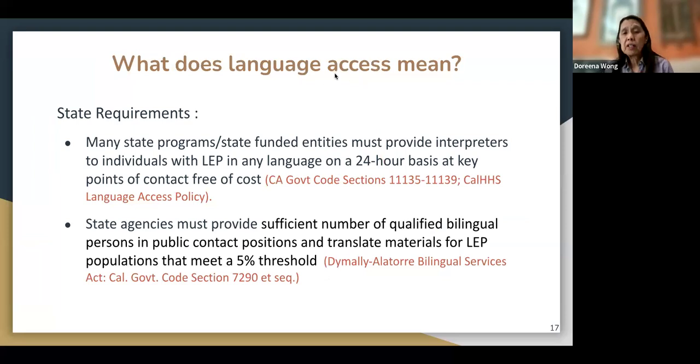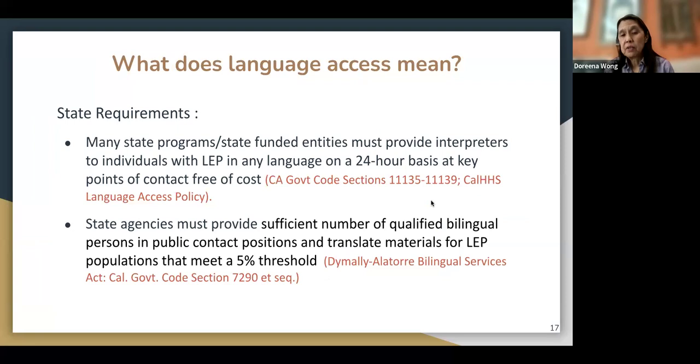Now, there are some state requirements that provide even more guidance than Title VI. I told you that California has a lot of different rules and regulations. I can't go through all of them, but I'm going to highlight a few that I think might be relevant.